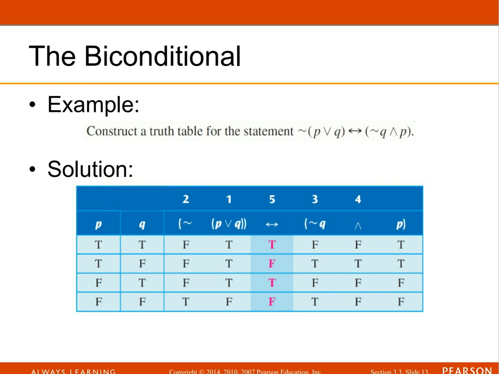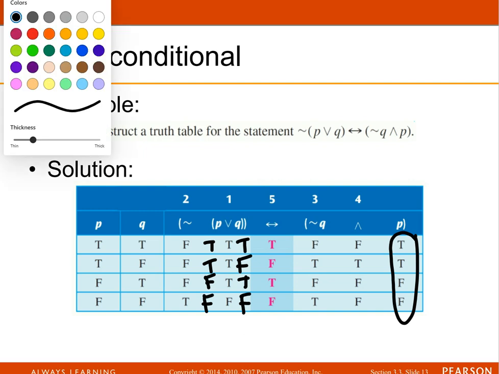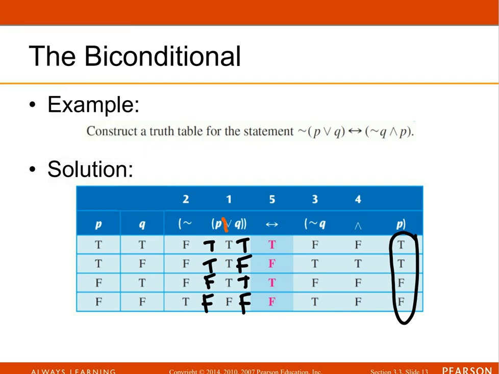They copied it right here. There's P, and then here's P and Q. Normally I would put P, which is true, true, false, false, and then Q is true, false, true, false. I usually put those there so that when I go to do the or in between, I just have to look at these two.